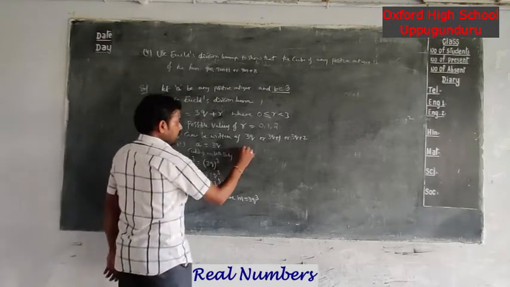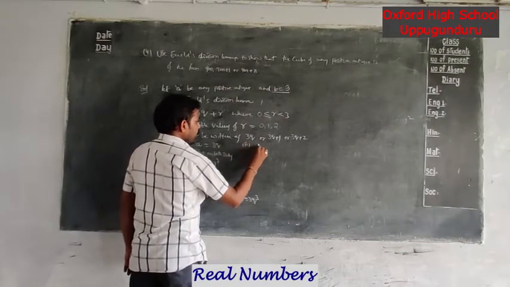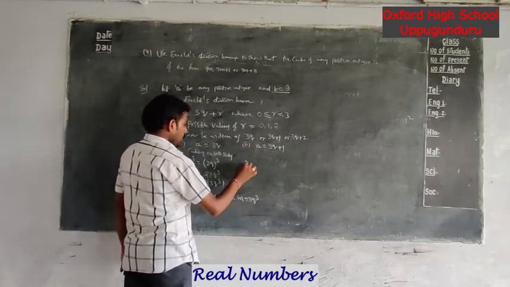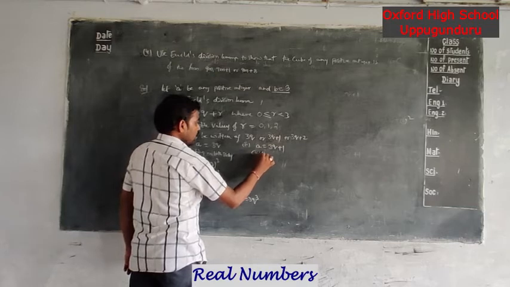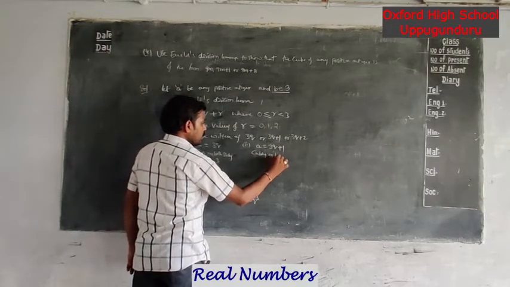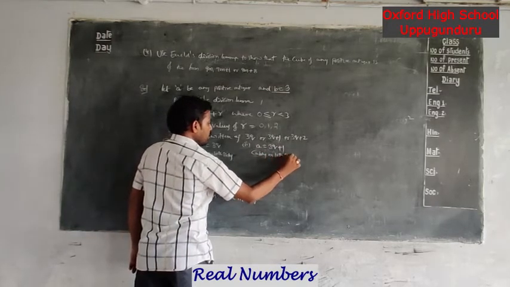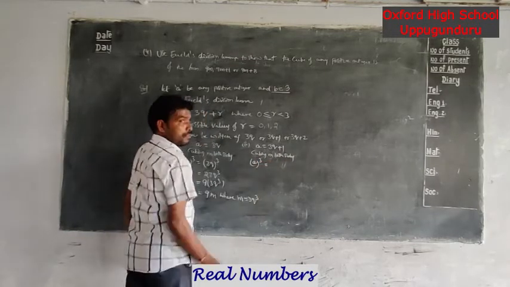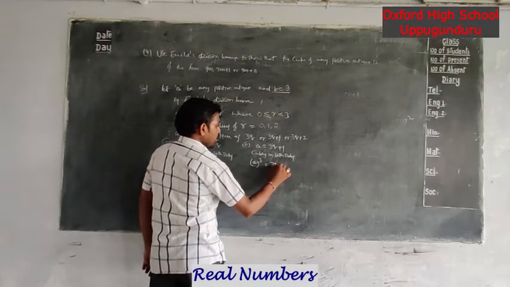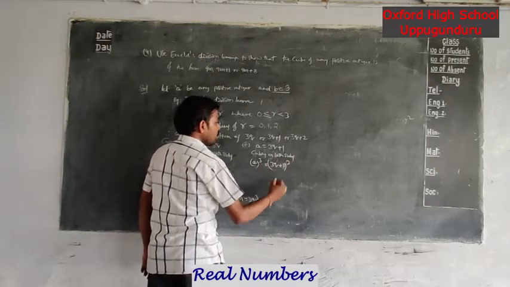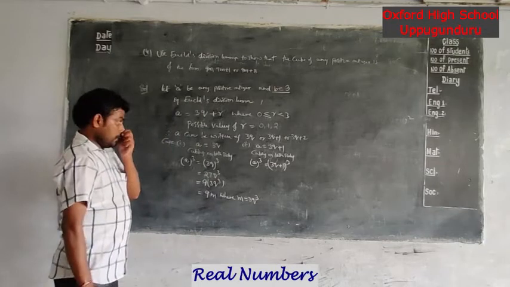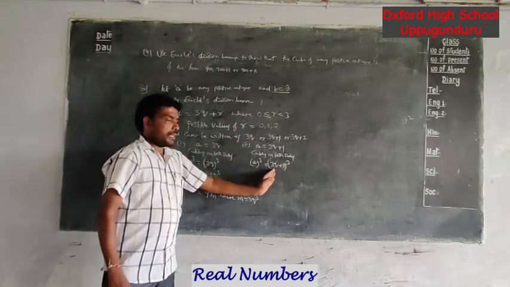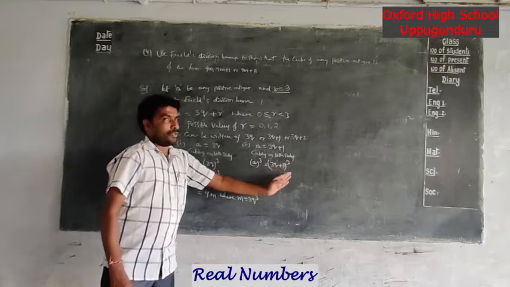Now second case, a equal to 3q plus 1. Similarly here also, cubing on both sides, a cube equal to 3q plus 1 whole cube. Here this expression has two terms, a binomial cube.